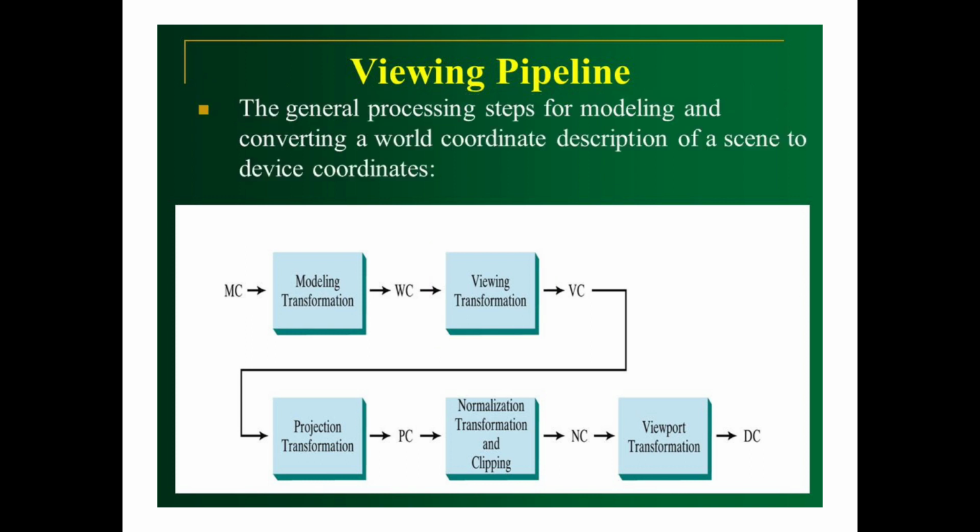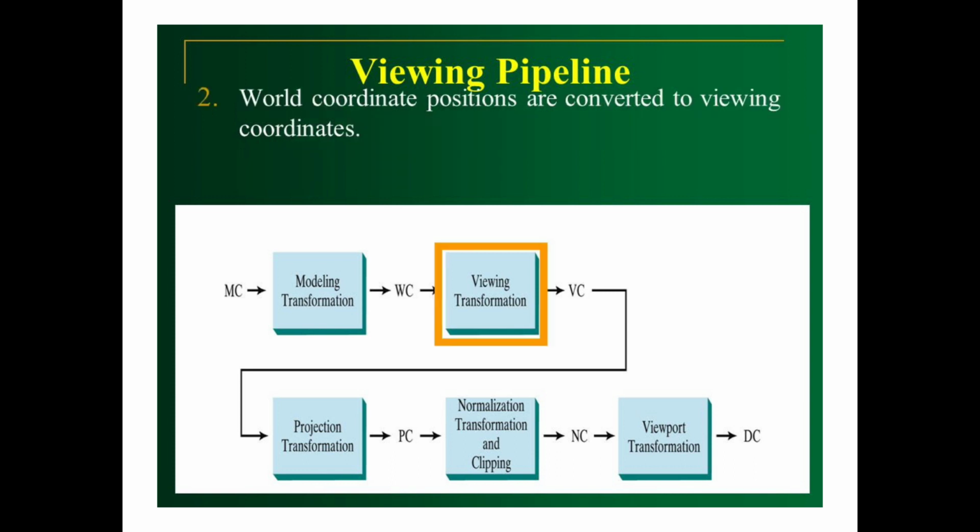First is the modeling transformation, the general process which converts from modeling to world coordinates, where WC is world coordinates and MC is modeling coordinates, to describe the scene. And the second is that world coordinate positions are converted to viewing coordinates.